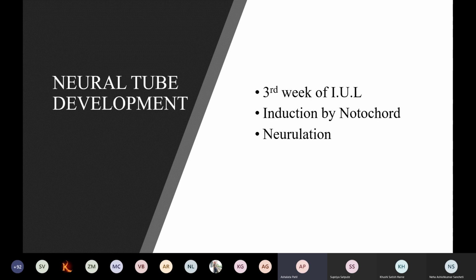That induces the surface ectoderm to develop into neuroectoderm, and this neuroectoderm gives rise to the central nervous system. The process of formation of the neural tube from the neuroectoderm is called neurulation. So, third week of development.